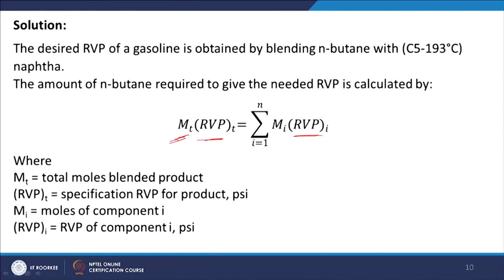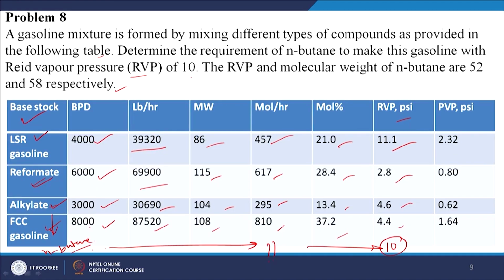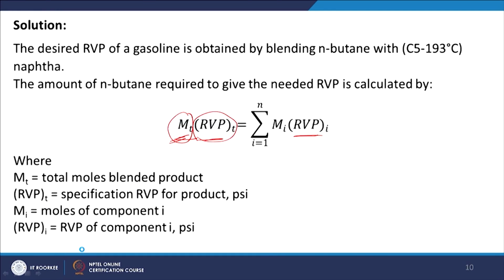If we sum those up, that will be equal to the total moles of the blended product times the RVP of the blended product. So, this is the formula we will be using. We have in this case 4 components and we will be adding this fifth, so now we will be having 5 components.